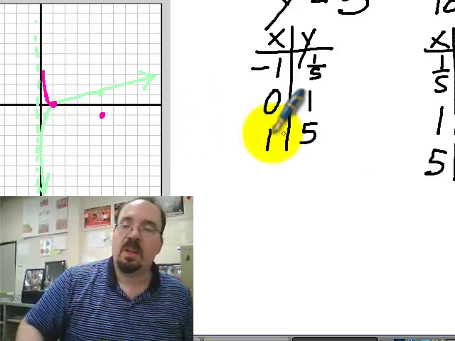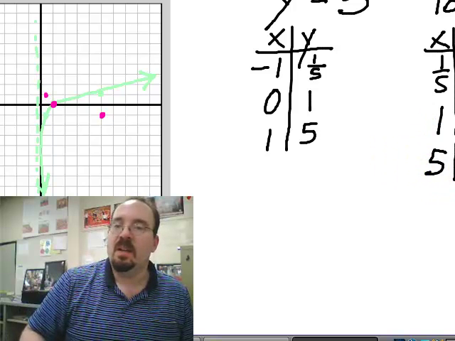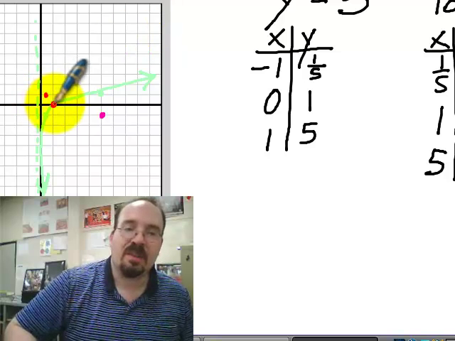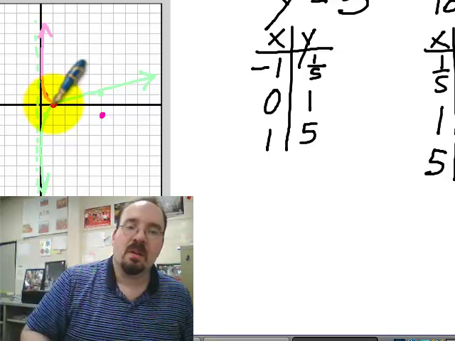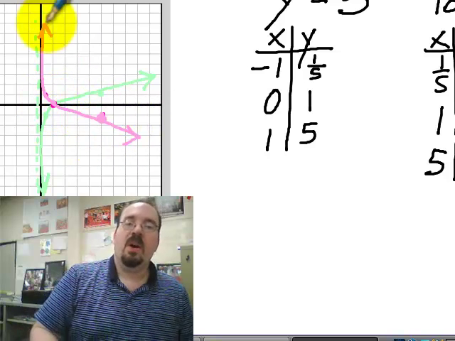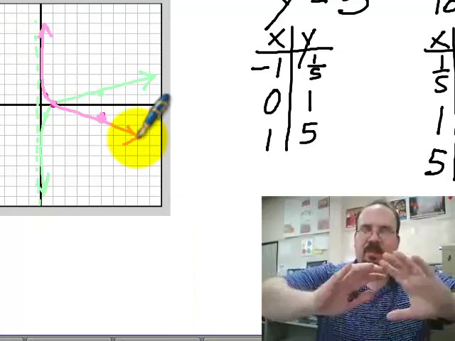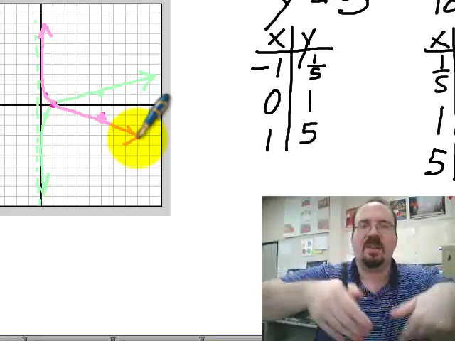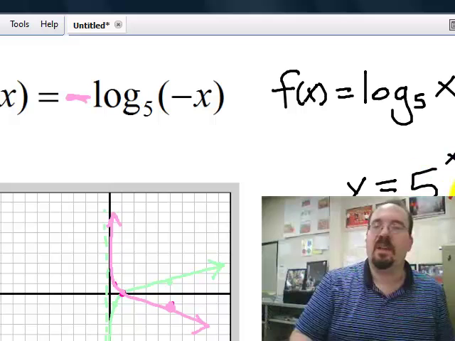And again, let me use an even lighter color than this because I don't want you to be distracted by a temporary step. So this is a temporary step on our way to the final graph. Okay, so there is a flip across the x-axis. I think I said y once, but that's across the x-axis because of this negative. That's what caused that flip.